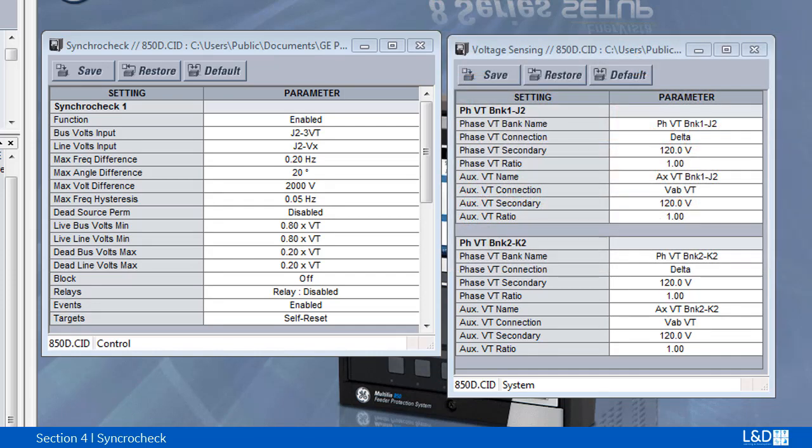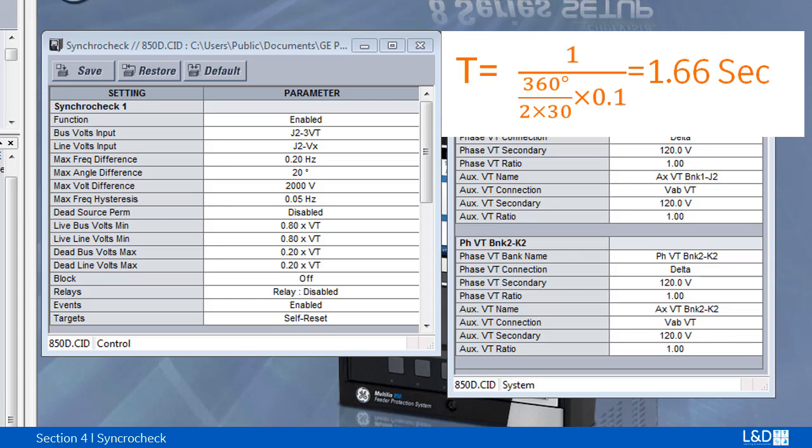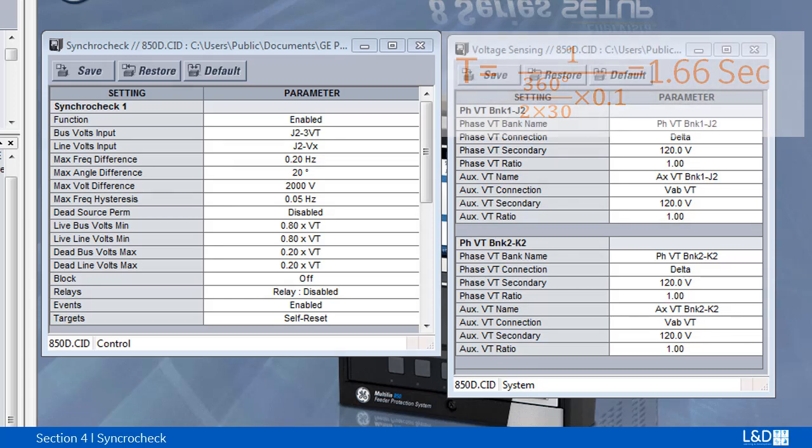When delta phi is 30 degrees and delta f is 0.1 Hz, then the calculated time will be 1.66 seconds. As a result, the breaker closure time must be less than this computed time to successfully close and connect both energized sides.